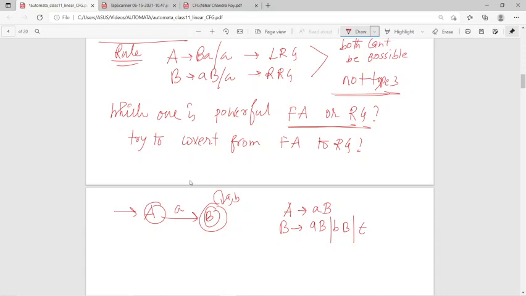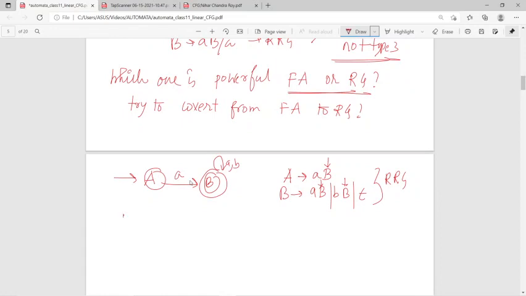So that is a regular grammar, because you will see that variable B is present on the right side of the productions. So that is the language we will generate, that means the corresponding language is the set of all strings starting with a.